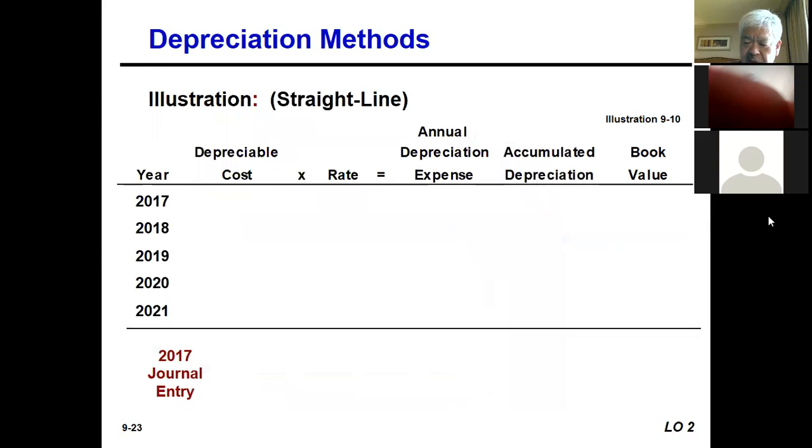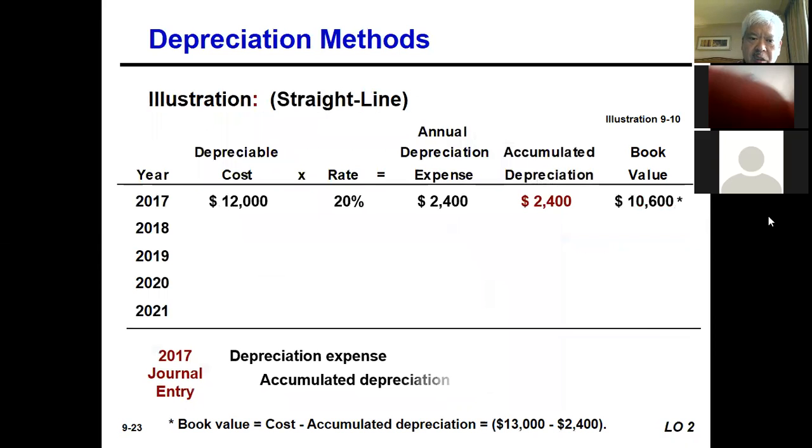So here's how straight line looks. And this is one of the more necessary ways of looking at things. So go back and look at this again later so that you can get a feel for how this works. And then, of course, look at the journal entry, as journal entries are critical. That's the way I look at things.